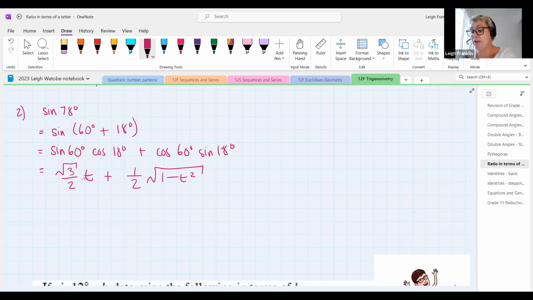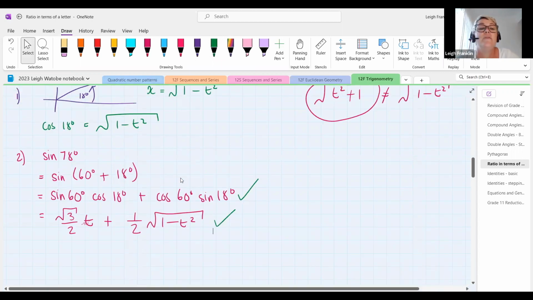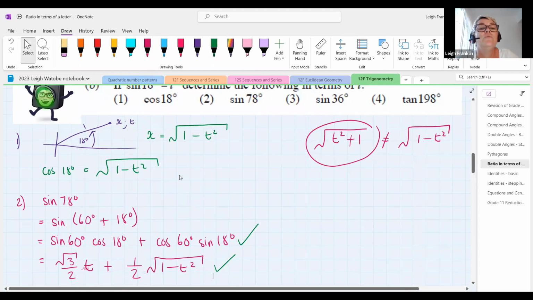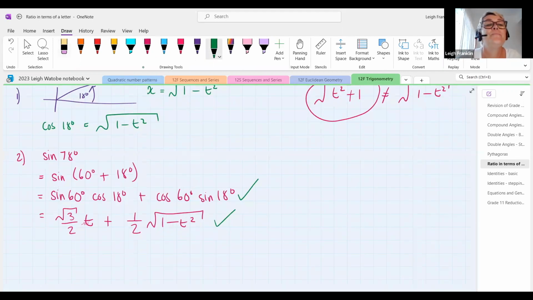So if you've left your answer just like this, it would be perfect. The marks here would be for recognizing that it was a compound angle, expanding your compound angle, and then substituting correctly. If you did do that, very, very well done to you. Okay, now number 3.